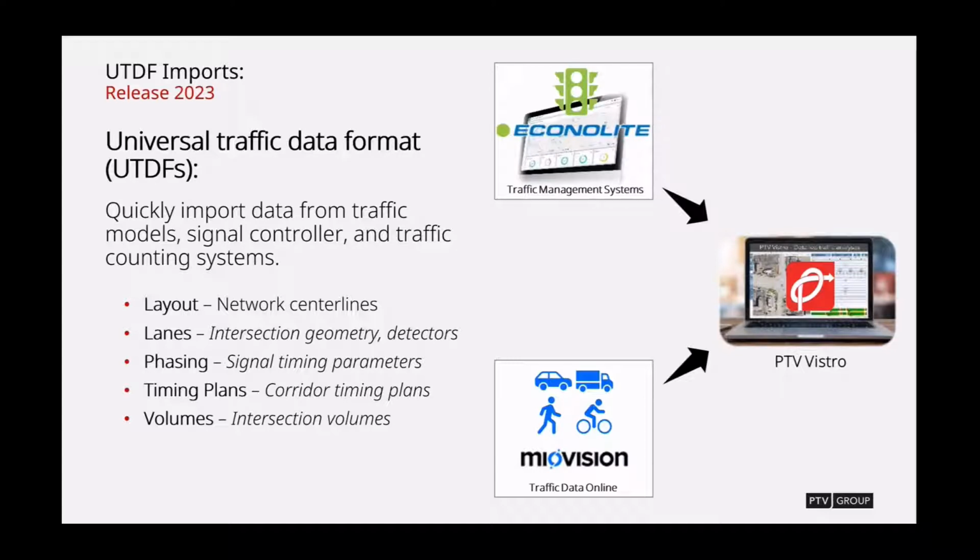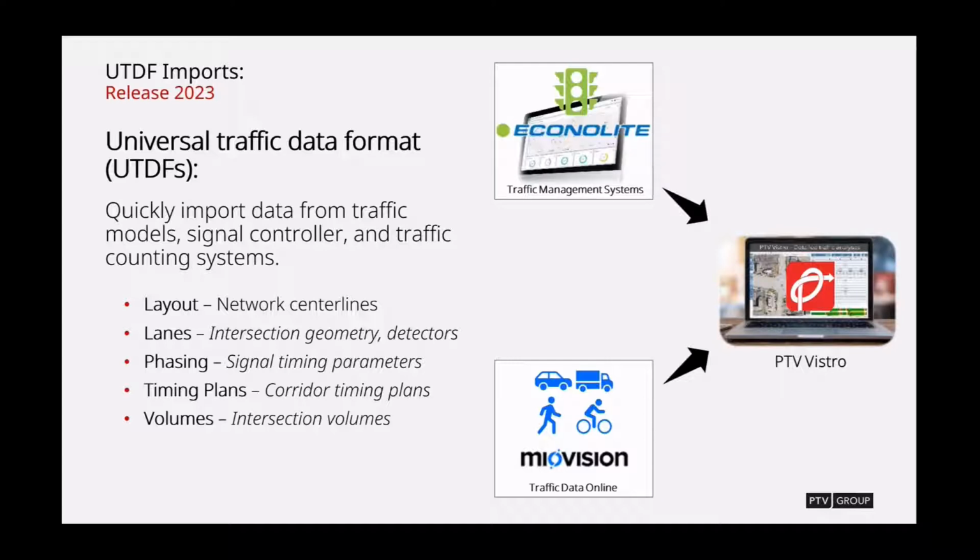Econolite has the Syntrax software, and Syntrax can export all of the signal timing they have in UTDF format, as well as the timing plans, which gives you the splits and offsets and things like that. So we're able to extract that out from Syntrax and get that into Vistro for all of your intersections.